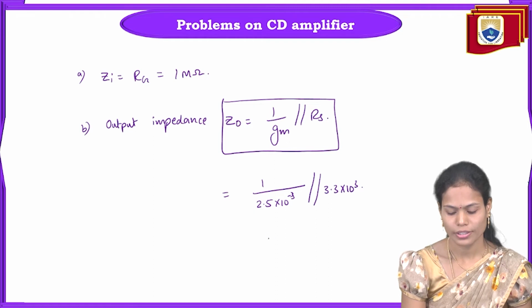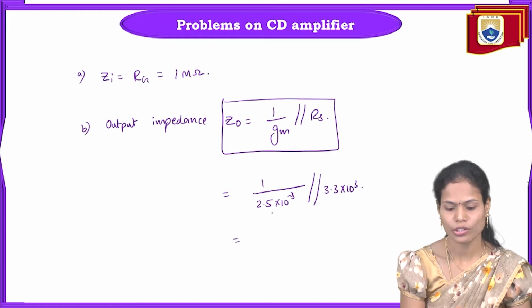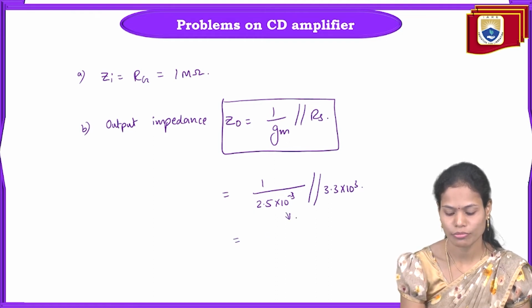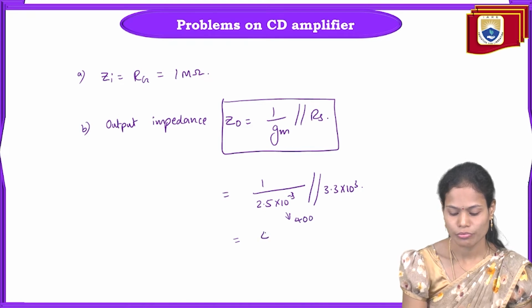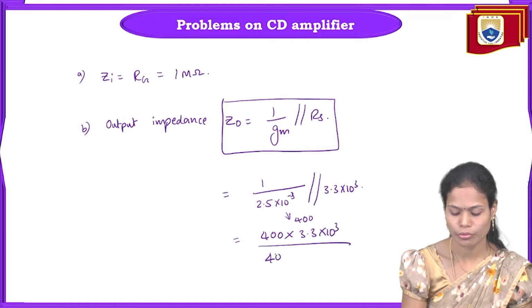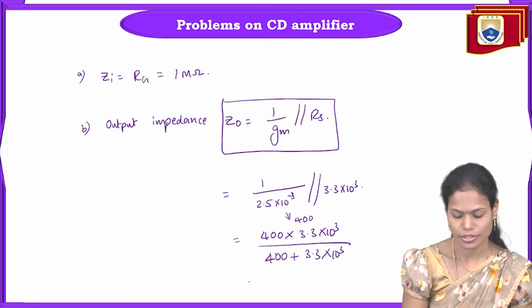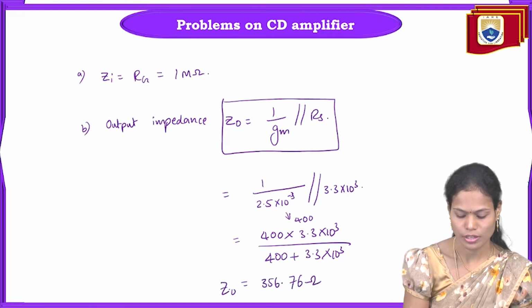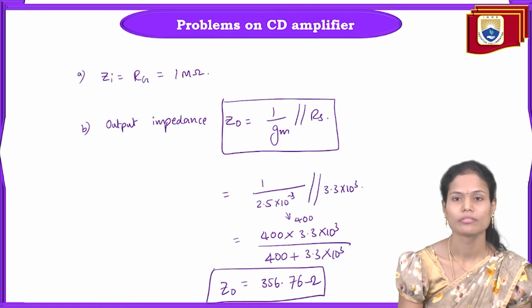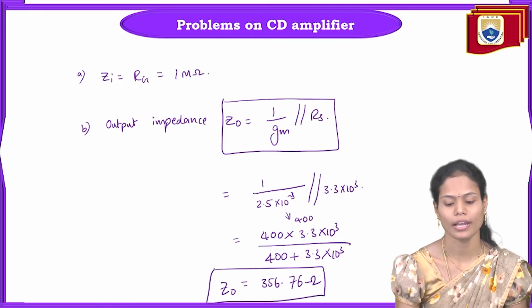So this value we will get approximately 400. So 400 into 3.3 kilo ohms divided by 400 plus 3.3 kilo ohms. After simplification we will get 356.76 ohms as the output impedance for the given common drain amplifier.